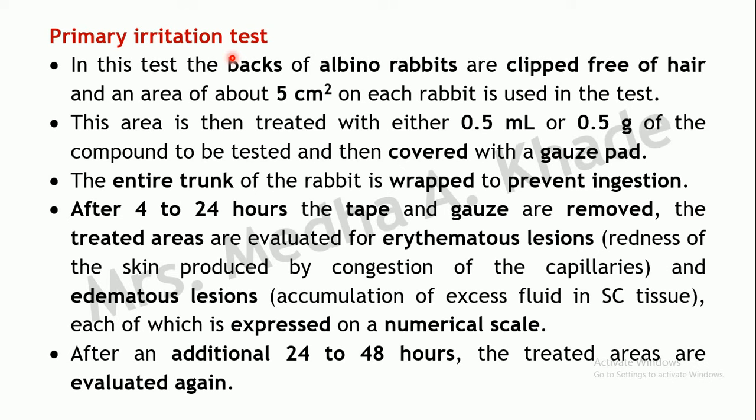The animal required is the albino rabbit. The backs of these animals are clipped free of hair, and an area of 5 square centimeters is usually utilized. In this area, either 0.5 ml or 0.5 gram of the substance is applied.